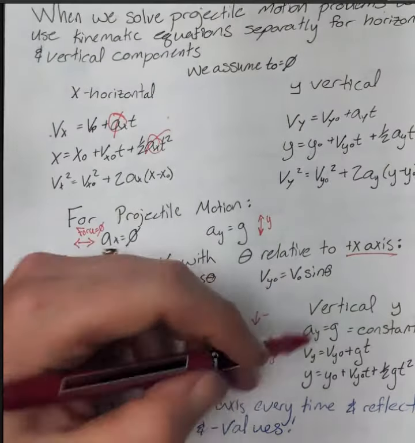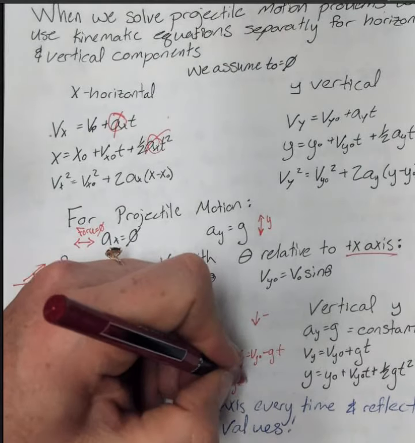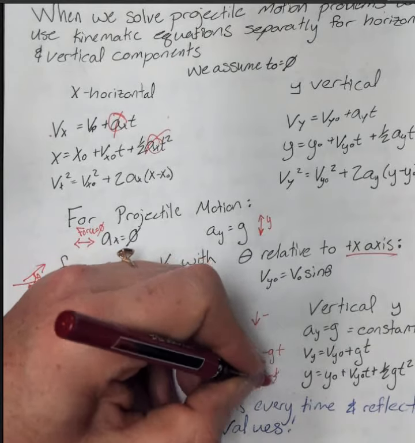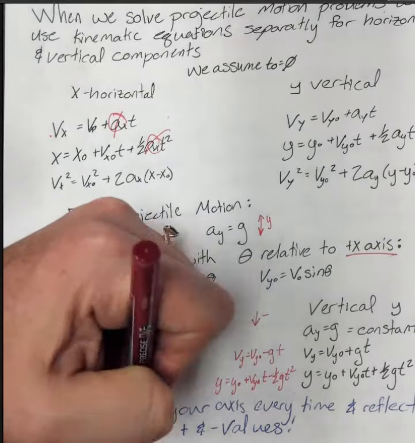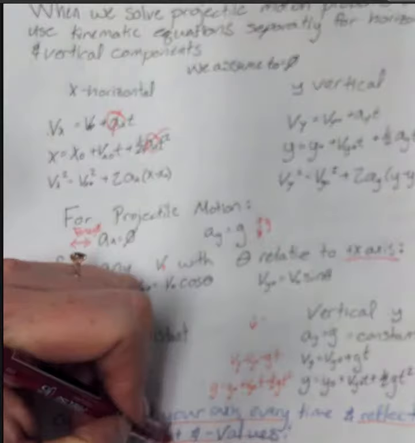And here we'd set y equals y naught plus vy naught t minus 1/2 gt squared. So this is what I mean when I say set your axis every time, and you want to reflect it with the correct positive and negative values.